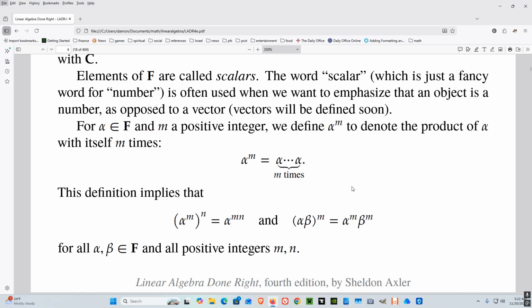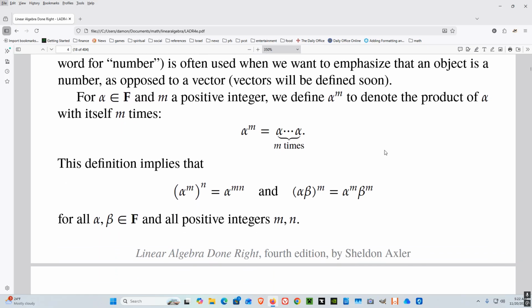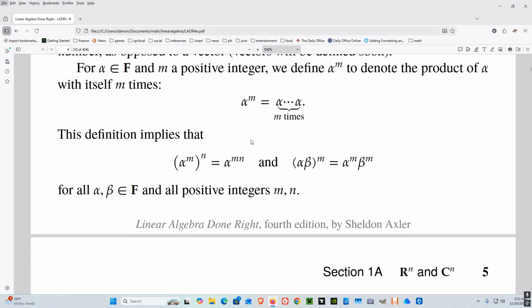For alpha in F, our field, and m a positive integer, we define alpha to the m to denote the product of alpha with itself m times. So that's the way you do it for real numbers, raising to a power is how many times you multiply something by itself, whether he's using alpha, the Greek letter, or something else.